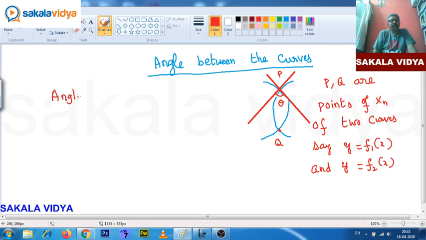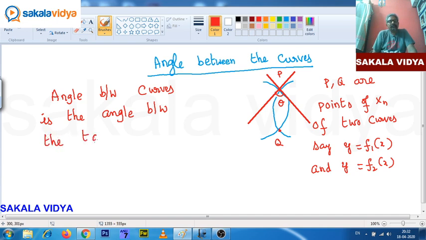Angle between the curves is the angle between the tangents drawn at the points of intersection of curves.